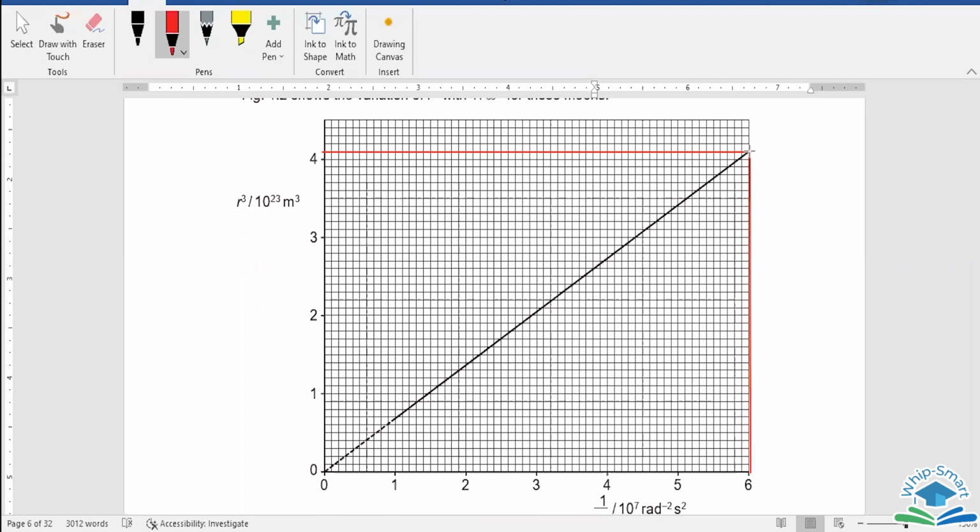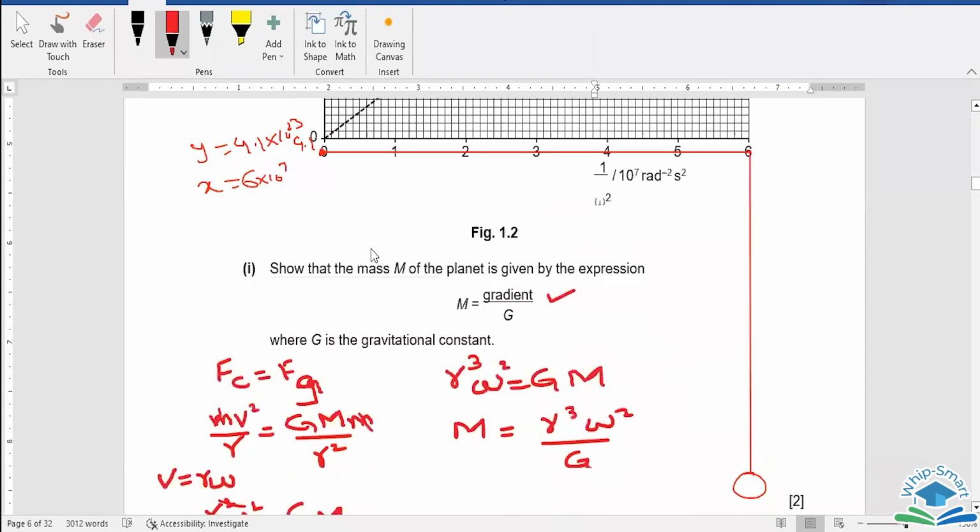This point connects to this point. So we can take any values, but for the sake of simplicity, we're taking whole values. So this will be 4.1 and this will be 6. So y here will be equal to 4.1 into 10 power 23, and x here will be equal to 6 into 10 power 7. These are the two values that we will use in our formula.